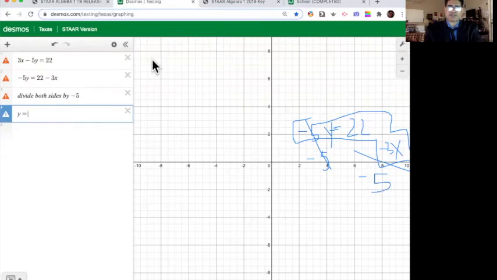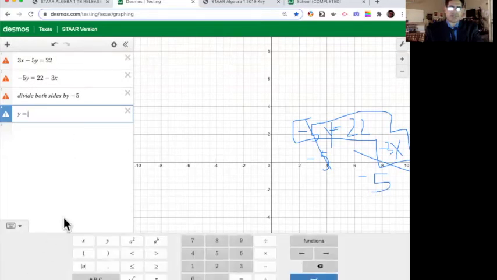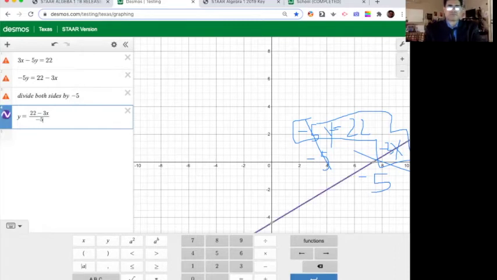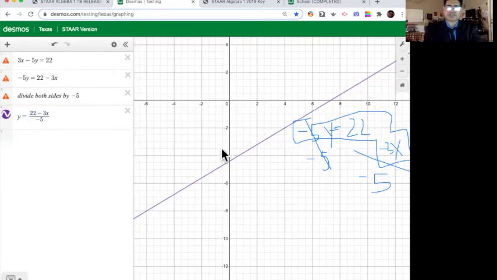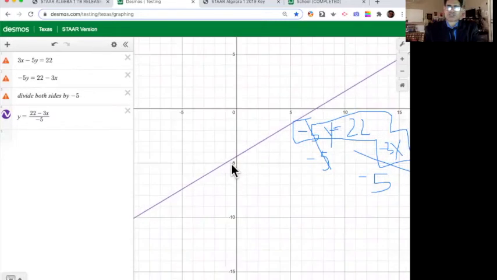So let's do that. Let's get our keypad out, put our fraction, and on the top goes what's over there, and we divide both sides by negative 5. We see it illustrated over here. There's my negative 5. Okay, it leaves this fraction intact, but it does give us our first line.